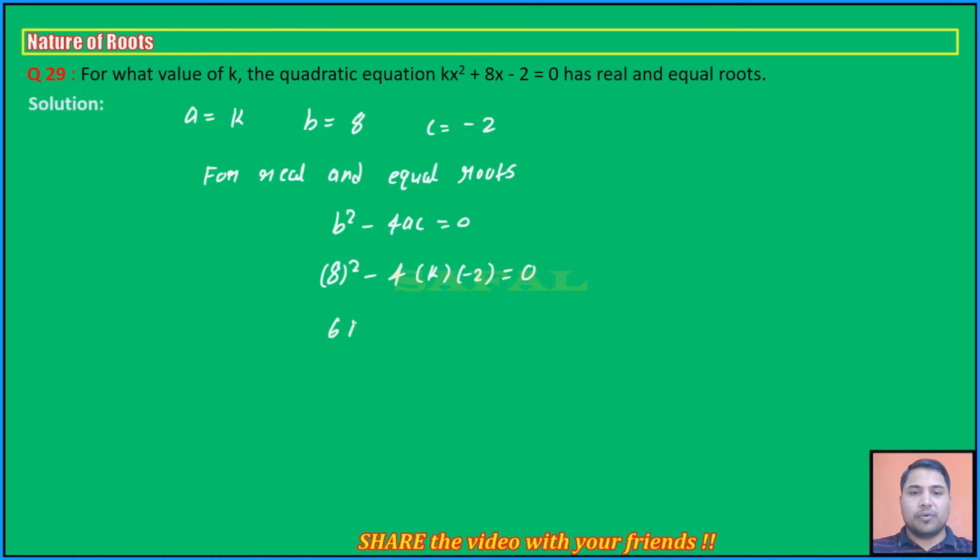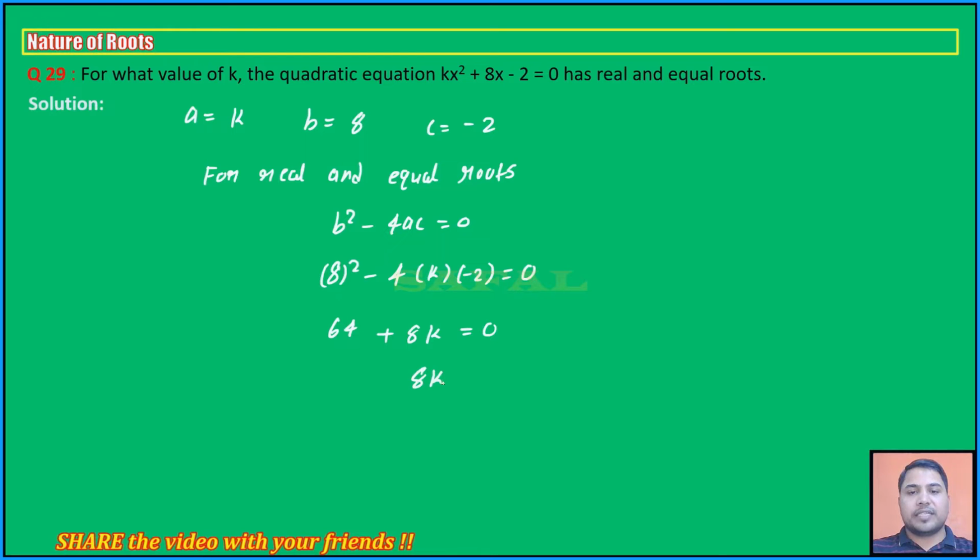So 64, and here I'll get minus and minus plus, so plus 8k equals what? 0. So plus 8k, I can write it as -64, or k equals what? -64 by 8, so which is basically minus 8.